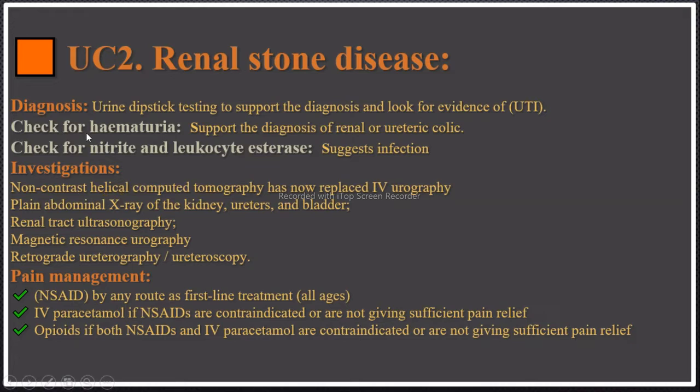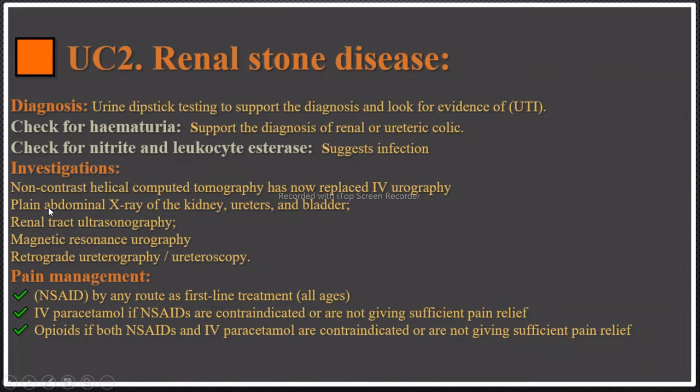So here, UTI can be detected on urine dipstick. We will check for hematuria, which supports the diagnosis of renal or ureteric stone. Check for nitrite and leukocyte esterase, which suggest infection. And the investigation of choice, as we said.